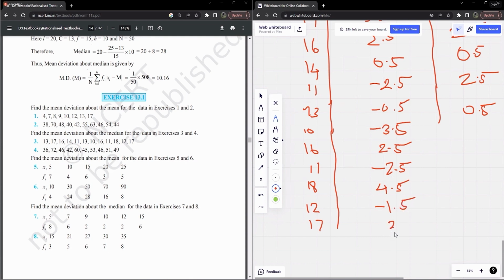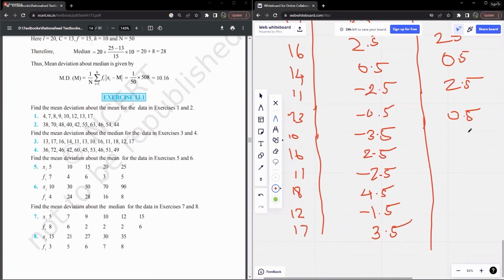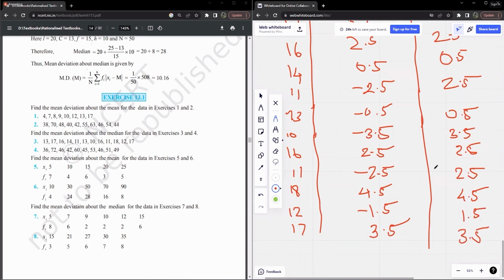And 17 is again going to be 3.5. Extending this over here, I'm going to get 3.5, 2.5, another 2.5, a 4.5, a 1.5, and a 3.5.